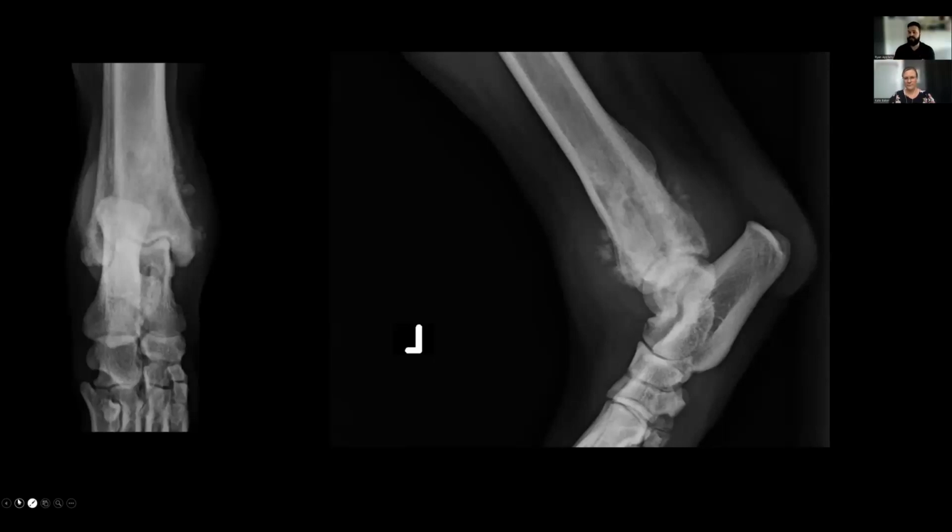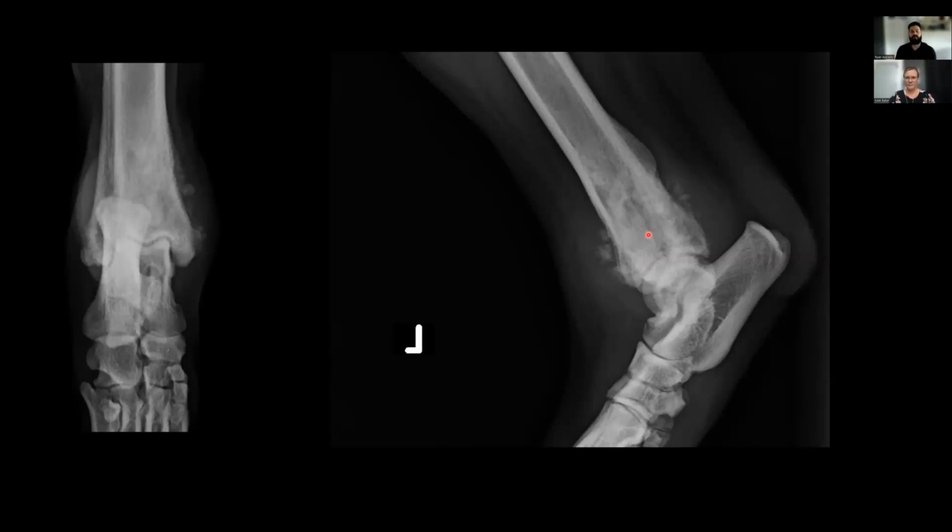And so what are we seeing? What are we looking at? Well, the first thing that jumps out at me, of course, is this new bone proliferation. Along the medial aspect of the distal tibia, right along here, we've got new bone proliferation, which corresponds with bone proliferation both at the caudal aspect of the tibia and the cranial margin of the tibia here. So this is a lot of new bone that is being produced.